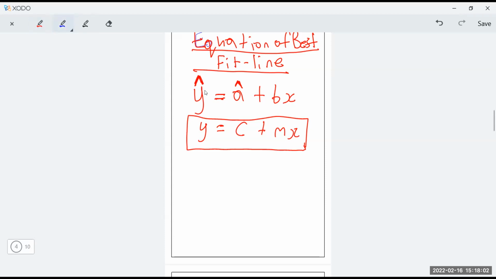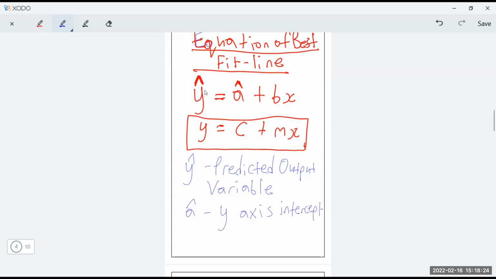Now, the beautiful thing about this is, as I say, y hat is just the predicted output variable. In that case, we call it the dependent variable. A hat is the y-axis intercept. And then we say that b is the gradient.